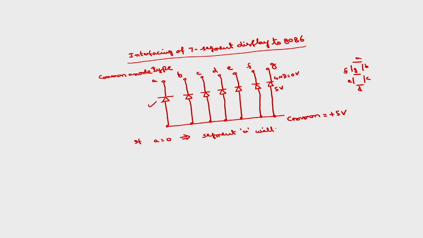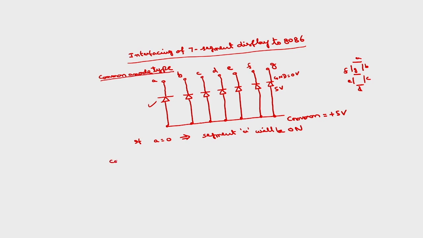Means on. Okay. Similarly, if B is equal to 0, segment B will be lit, if C is equal to 0, C will be lit. Depending upon the segments required, we have to light the corresponding segments. This is common anode type. In common cathode type, it is the reverse. The common point is connected to all the cathodes.